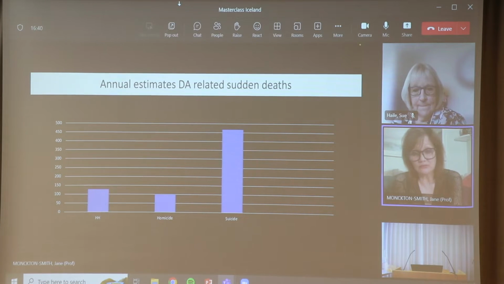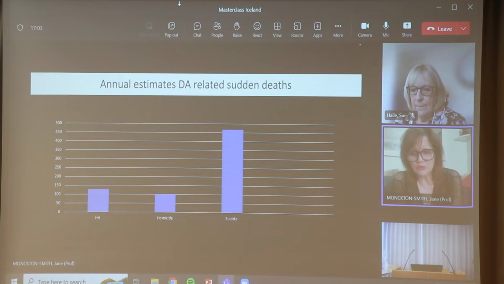We didn't formally record those numbers until very recently. I think it's only in the last 12 months that we have started making an effort to record. I think France have been doing it a bit longer than us, so they have actually published some figures.